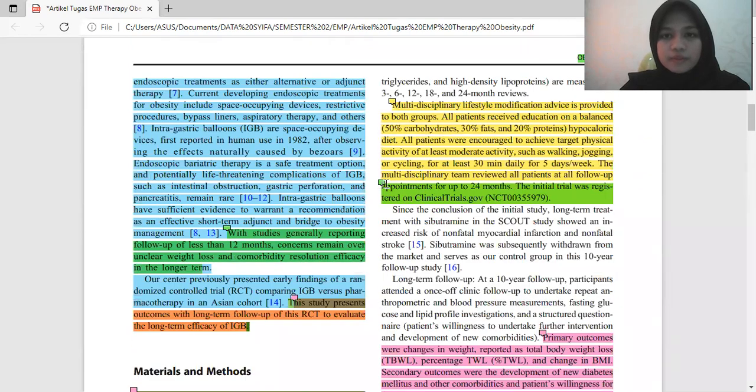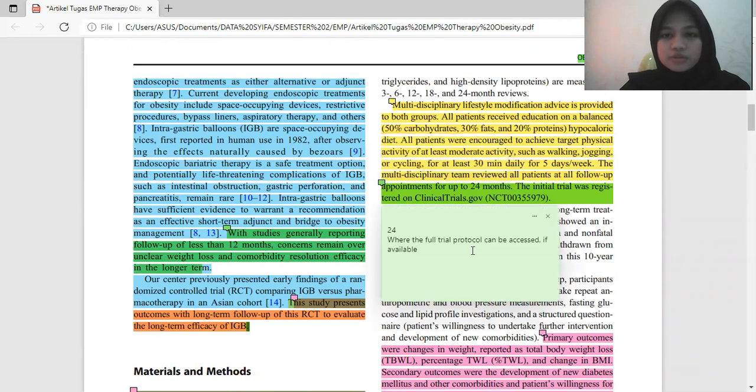Wait a minute. Number 24 is where the full trial protocol can be accessed, if available. So the initial trial was registered on clinical trials. So number 24 is available.